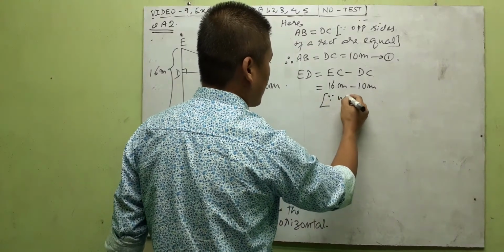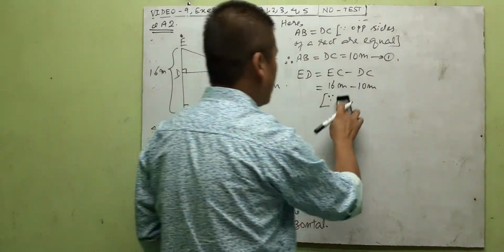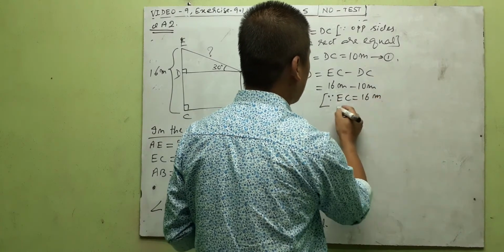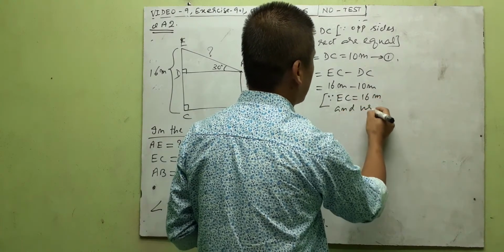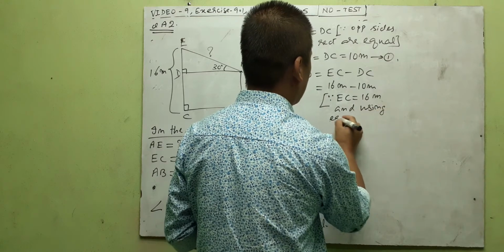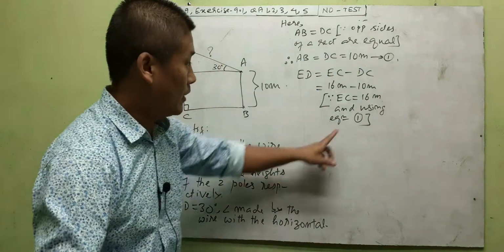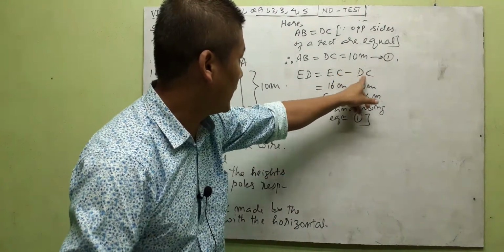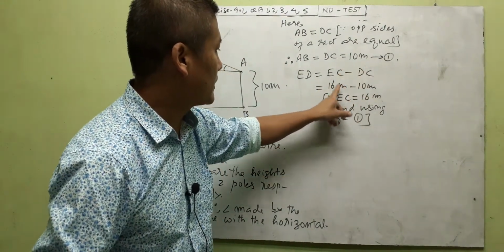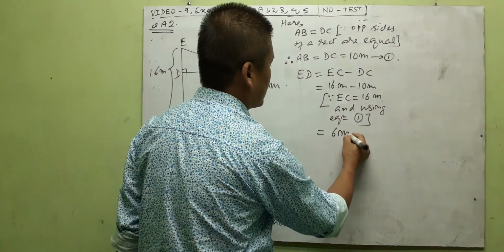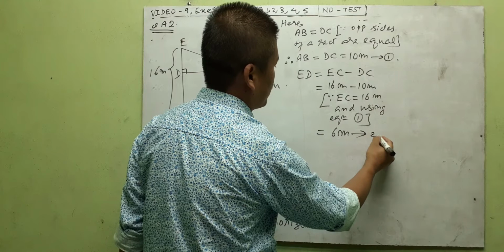Since you can write here, we know height of the taller pole, EC, given in the question is 16 meter. And using equation number 1, that's your reason. 1 means this DC value, and 16 is equal to 16 for this replacement. So 16 minus 10 is simply 6. So let us just put this one as 2.